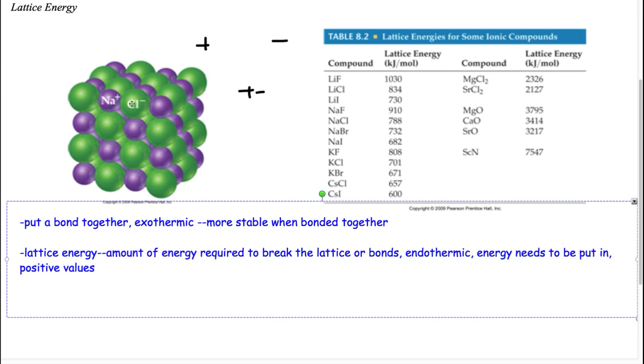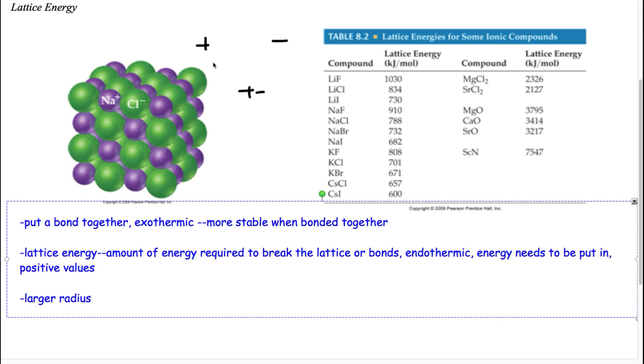Okay, so I have all these positive, negative lattices now that I want to break apart. I want to break apart this sodium chlorine from another sodium chlorine. So I'm going to look at the radius between the two, whether they're closer together or further apart. Well, let's say we look at a large radius, and we're thinking about how easy or not easy that would be to break.